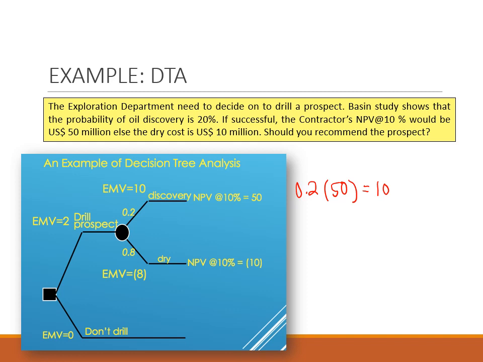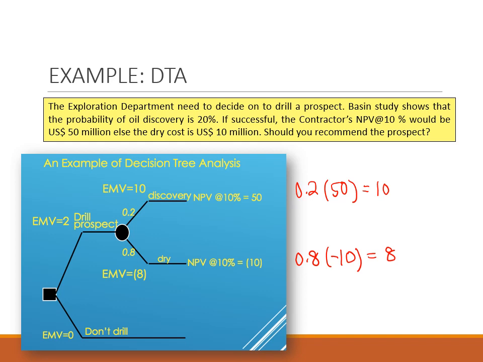For the second branch, the EMV would be 80% chance times the NPV of minus 10 million, which is minus 8 million.